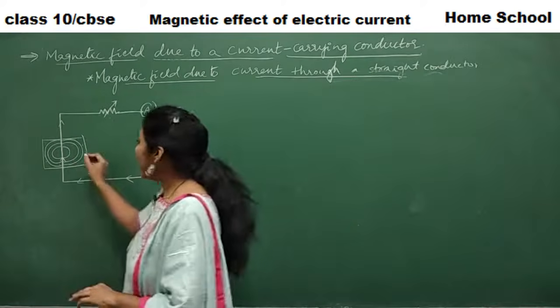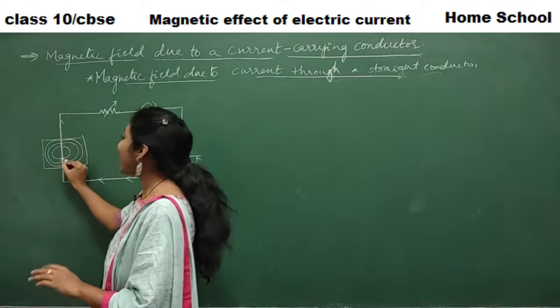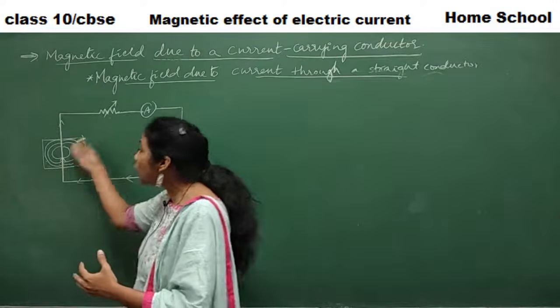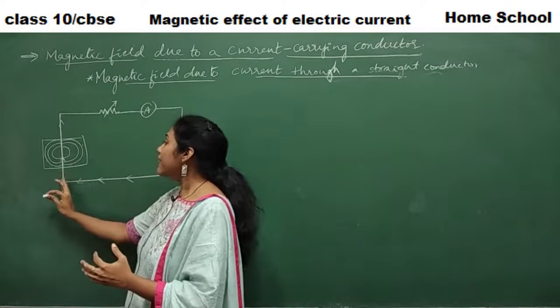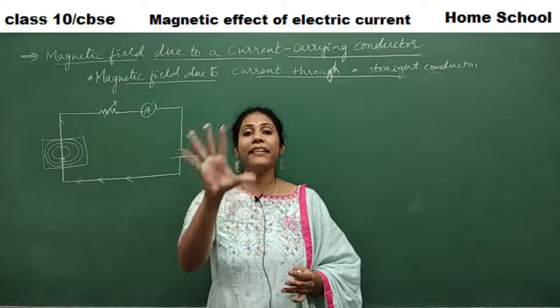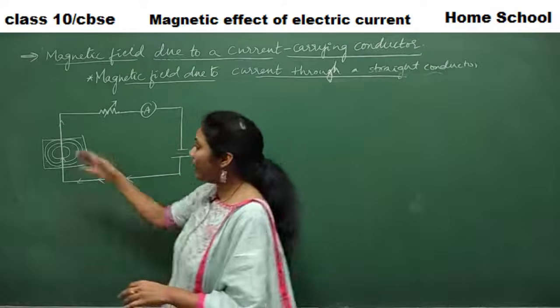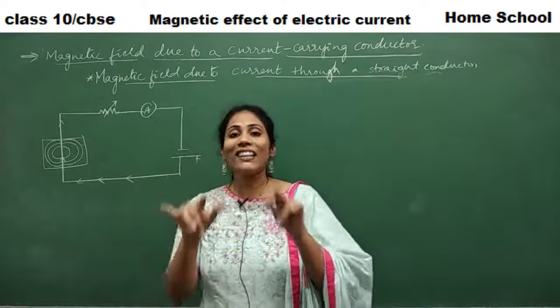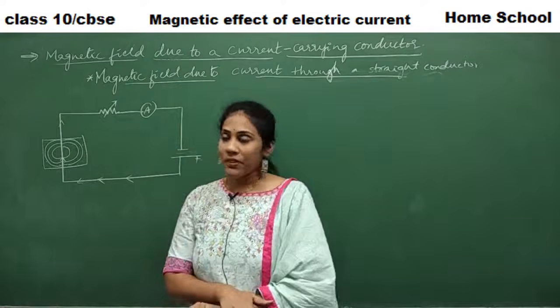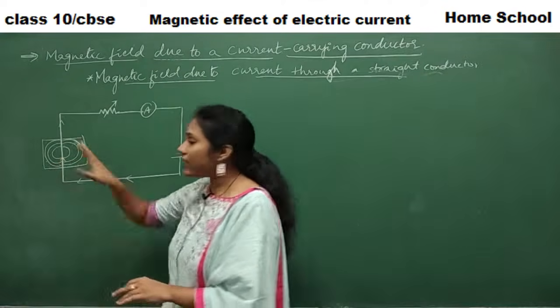Got to know? This is what the field lines or magnetic field look like when a current is flowing in a straight conductor. They look like concentric circles. Yes or no?